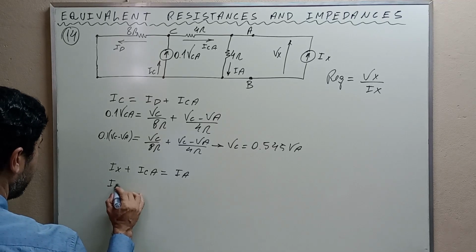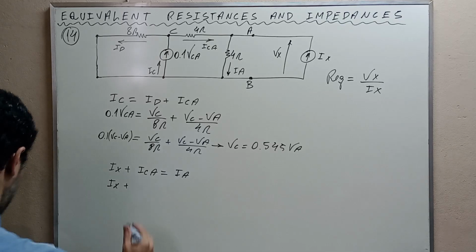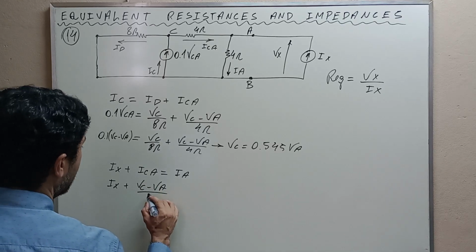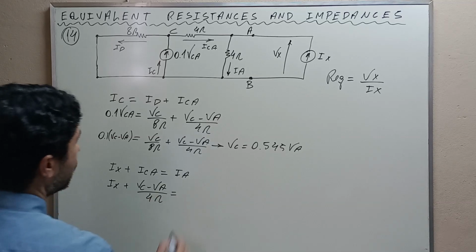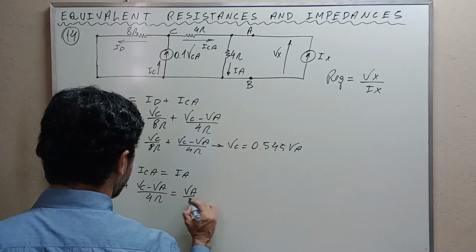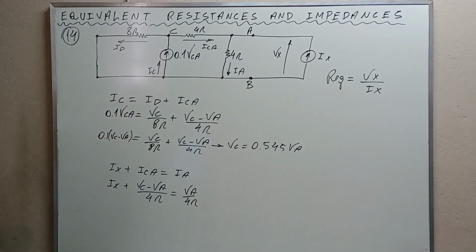Ix plus ICA, which is VC minus VA divided by 4 ohms, is equal to IA. IA is VA divided by 4 ohms.